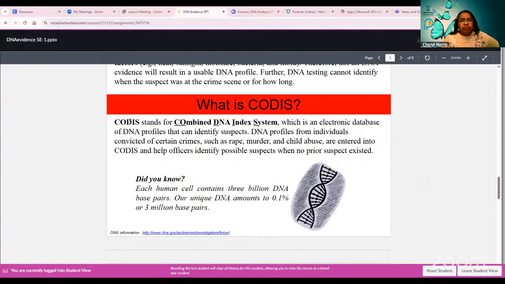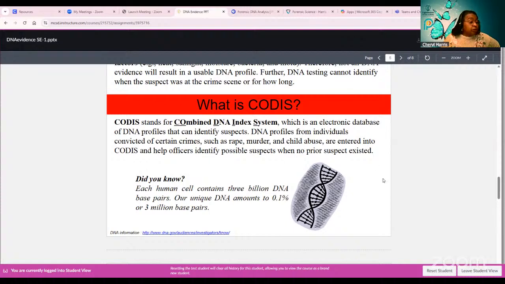This is a term you have to know. CODIS stands for Combined DNA Index System, which is an electronic database of DNA profiles that can identify suspects. The DNA profiles from individuals convicted of certain crimes such as rape, murder, or child abuse are entered into CODIS and help the officers identify possible suspects when no other suspect existed.